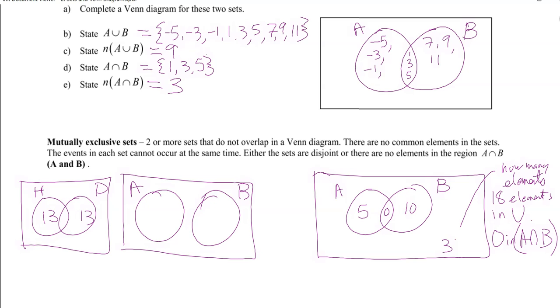There are 13 only hearts. There are 13 only diamonds. There are no cards which are both hearts and diamonds. Okay, so disjoint sets, two totally separate circles, or the AND region, A and B, is empty. Right? It's either empty or there's a 0 in there. You could put a 0 in there.